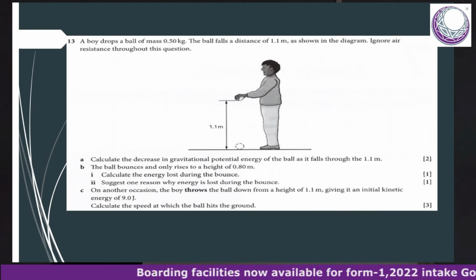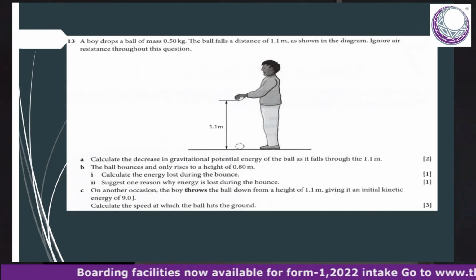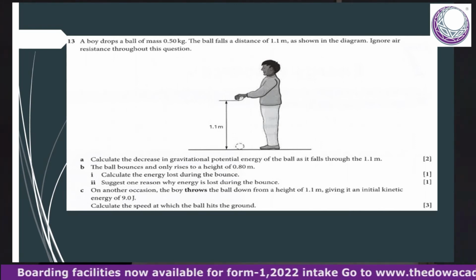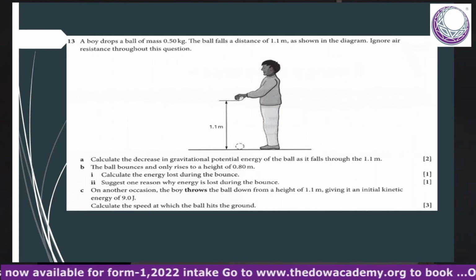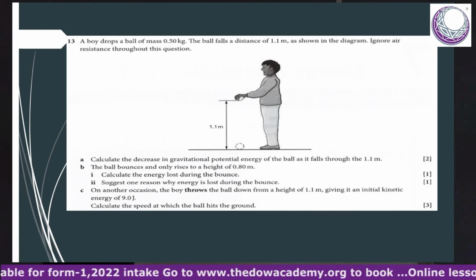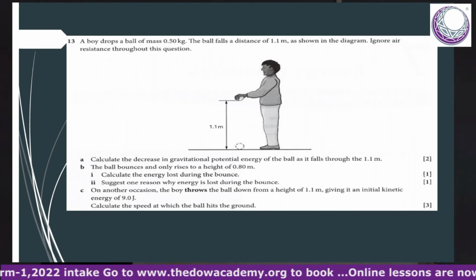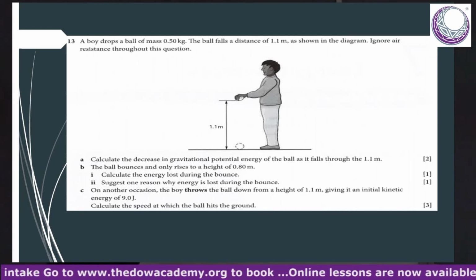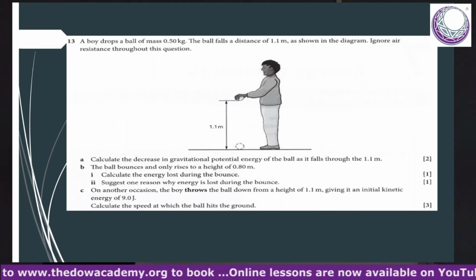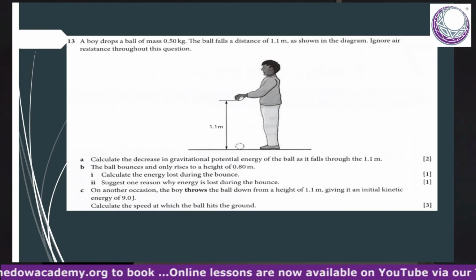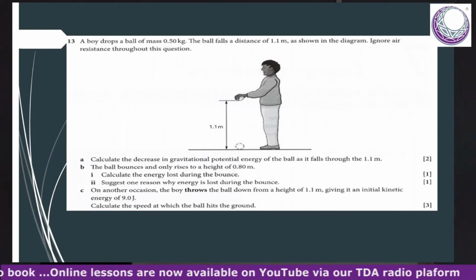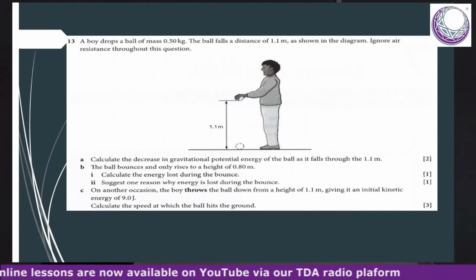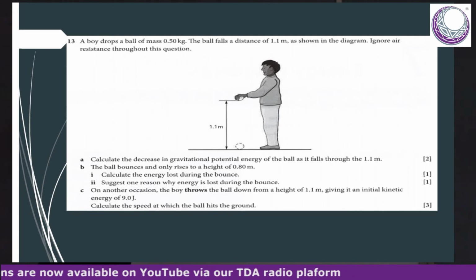Calculate the decrease in g.p.e, gravitational potential energy, as it falls. So calculate the g.p.e decrease. Then B1, the ball bounces and only rises to a height of 0.8. It rebounds 0.8. Look at that height. Calculate the energy lost during the bounce. Do your calculation there using mgh.